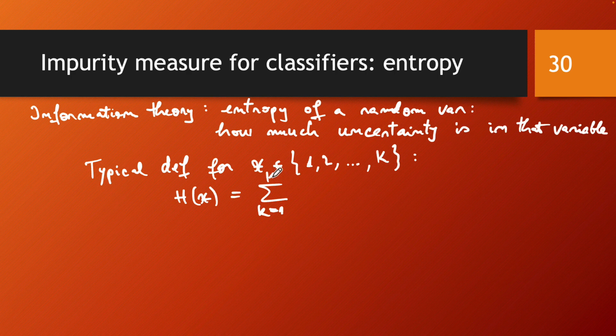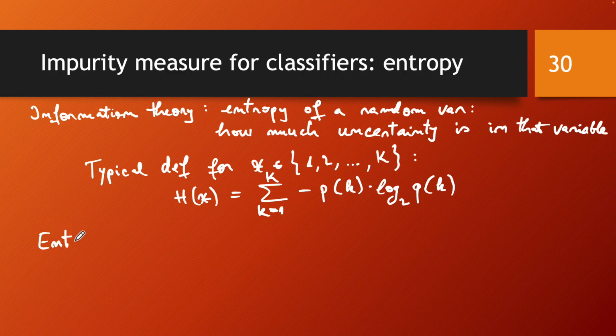You sum up over all possible values the probability of seeing value k times the logarithm of this probability. And that's exactly how entropy is defined also when it comes to an impurity measure.